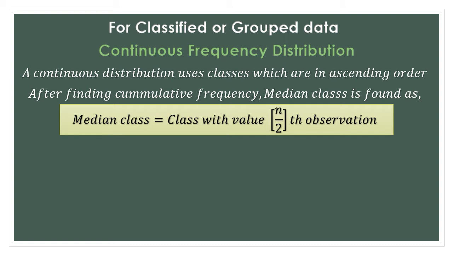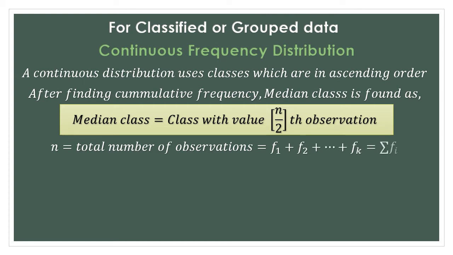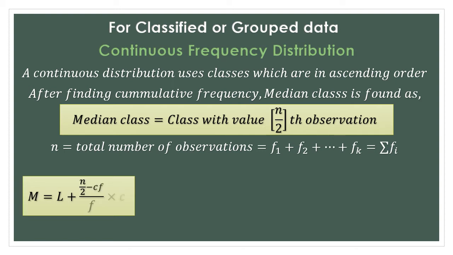So the class which has that particular n upon 2 observation becomes the median class. After calculating the median class, the total number of observations, that is n, which we are going to use in the calculation, is sum of fi. And the formula for calculating median in the continuous frequency distribution is M is equal to L plus (n upon 2 minus Cf) divided by f, into C.